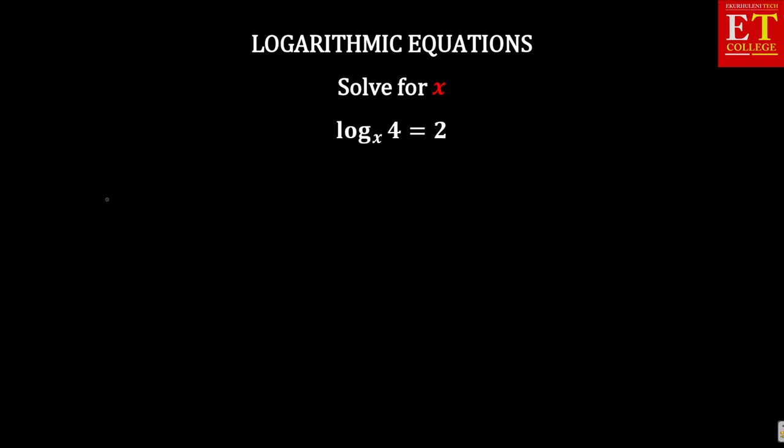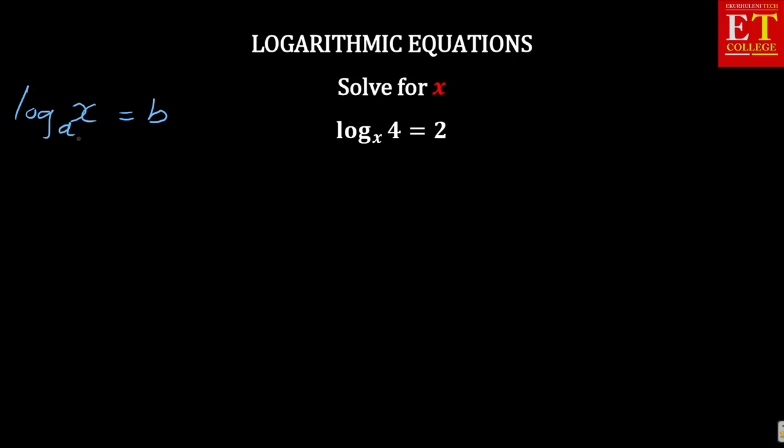The first thing I need you to remember whenever we are solving equations involving laws is, suppose you are given log base a of x is equal to b. That is an example of an equation involving a logarithm.